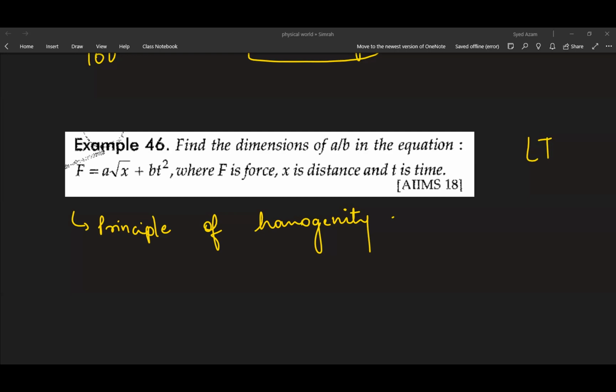A is L. B is T. No, wait, I forgot to calculate with force. One second, ma'am. It is A by B. Yes, ma'am. Okay, take a minute more, then we'll discuss.